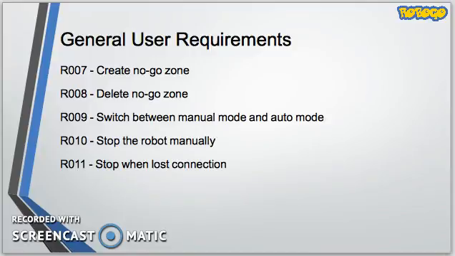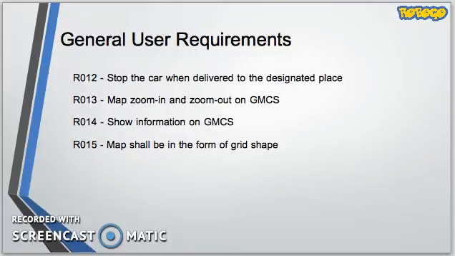At any given time, the operator is able to stop the robot manually, and the robot will stop itself when the connection is lost. The robot is able to stop the car when delivering it to the destination, and from the host site, the operator is able to zoom in and zoom out the map from the GMCS.